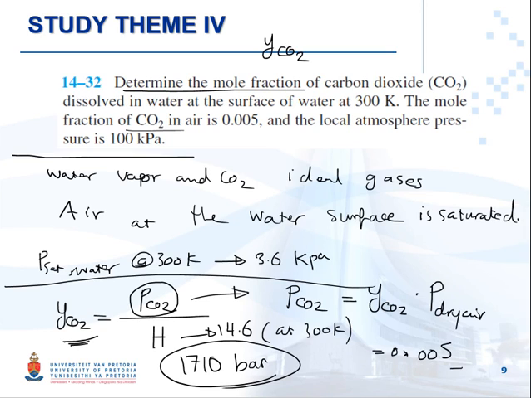Fine. But again, I don't understand, here is y CO2, here is again y CO2. They are the same. The question is asking to determine the mole fraction of carbon dioxide, but at the same time the mole fraction of carbon dioxide is given. I'm confused. That's the reason we mentioned this.